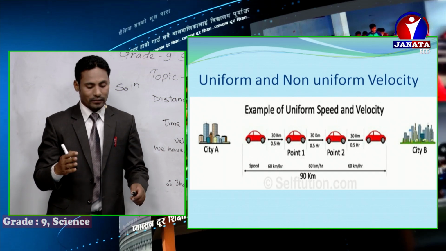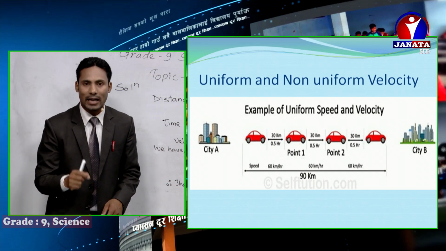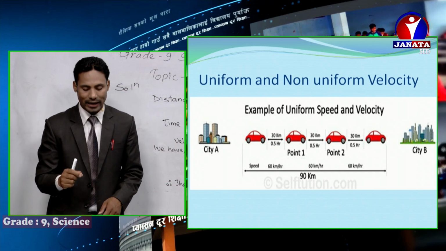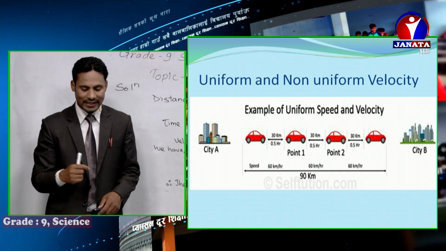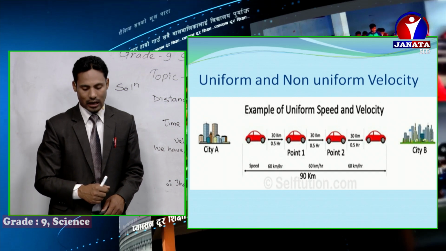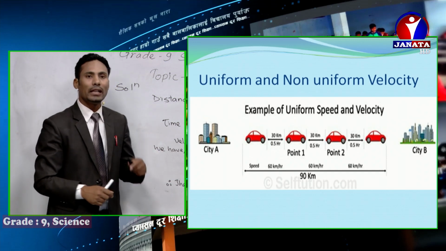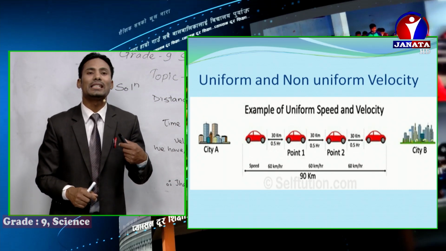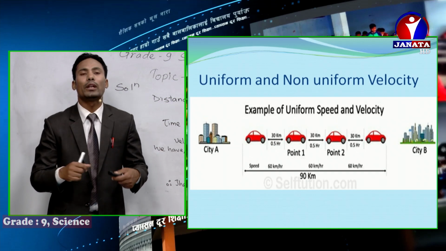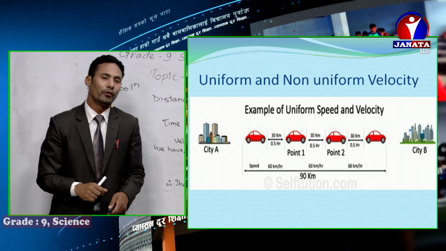Similarly, from point 1 to point 2 also the 30 kilometer distance is traveled within the half hour, right? And from point 2 to point 3 it covers the same 30 kilometer distance in 0.5 hour. That means equal displacement is covered in equal intervals of time. That's why this is called the uniform velocity.